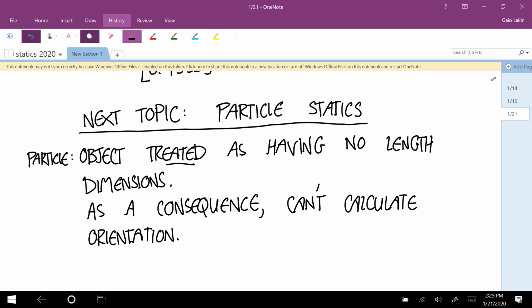All you care about is where Jupiter is going to be, because that affects the gravitation that it applies to things. So Jupiter is obviously huge, but if you don't care about which way the spot is looking, you can treat it as a particle. When we treat things as a particle, it's not necessarily because they're tiny. It's just because we don't care about calculating orientations.